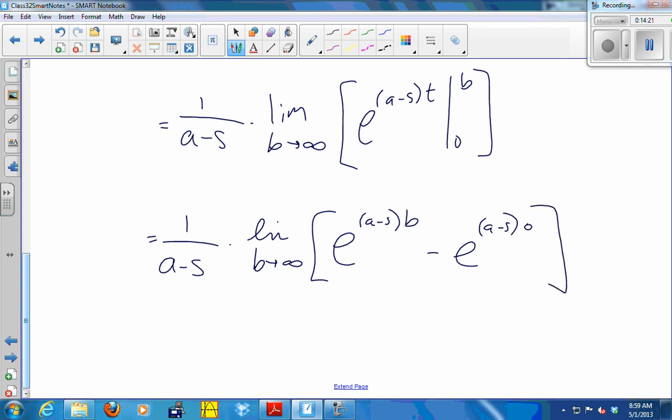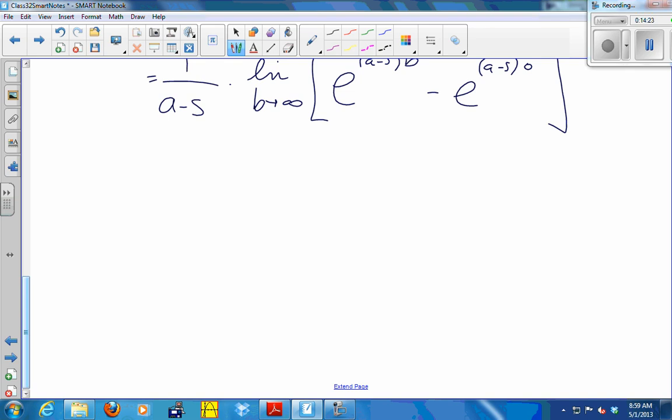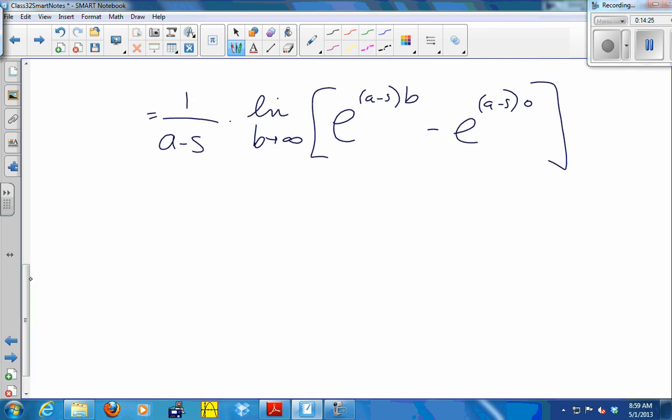And then as b goes to infinity, e to the (a minus s) times b will either go to 0 or to infinity. So it goes to infinity if s is less than a, and to 0 if s is bigger than a. And this one is going to go to 1.